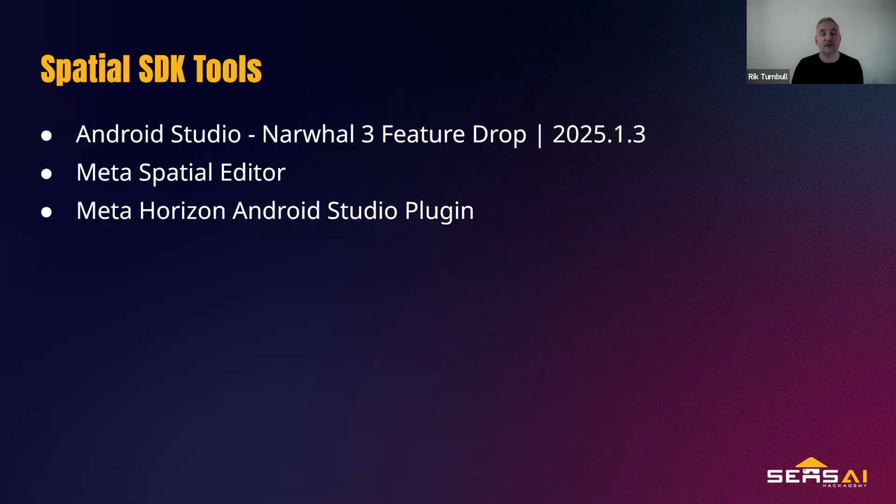If you think of the way that Android Studio helps you develop 2D apps, and the way that you can design for different layouts, you can visualize what that might look like on different mobile devices. It's giving you the editor view of your panels and views.